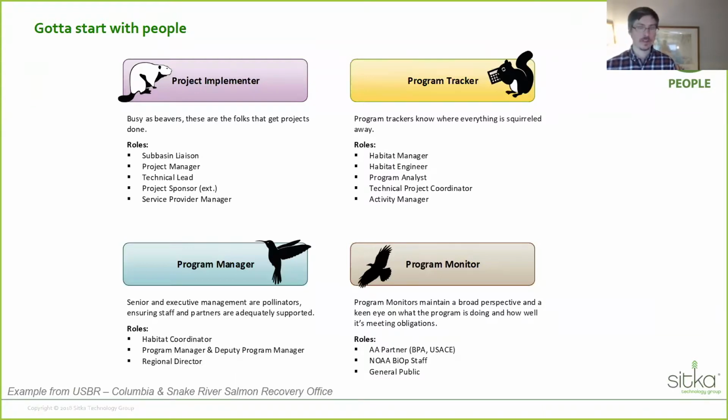The reason we do this is to enable and simplify future analysis steps, but it also provides a good grouping of goals here. So project implementers typically have a similar goal to make sure projects are completed successfully. Program trackers, various roles contribute to that to ensure that the program is doing work responsibly, on budget, and making progress forward. And program monitors require oversight, but could be different roles within that, say partners or the general public in this example.